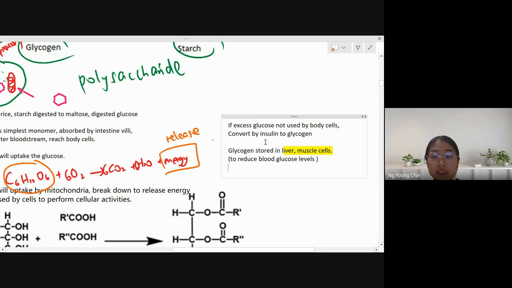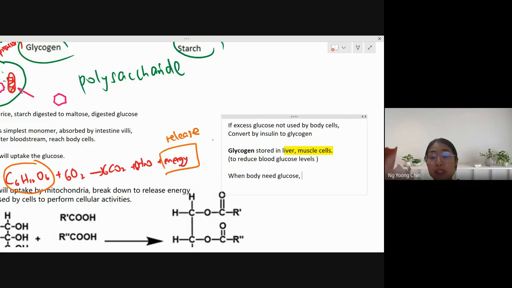Okay, so this is the glycogen. Glycogen is a kind of storage compound in the liver and muscle cells. Whenever the body needs glucose again, maybe you have not eaten for a few days, so you force the body to burn the glucose source.